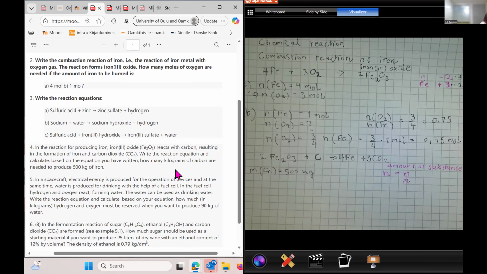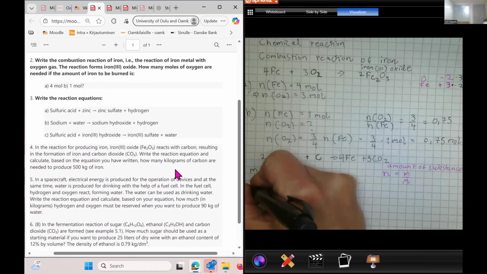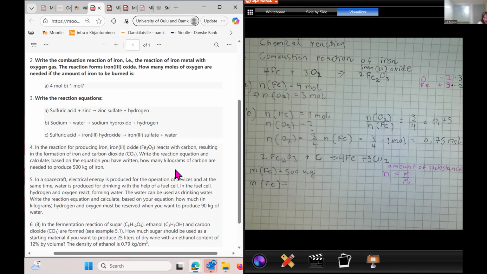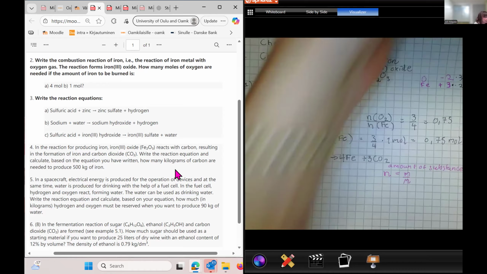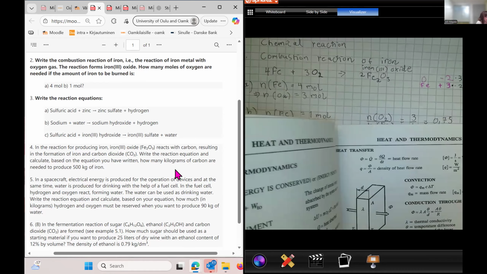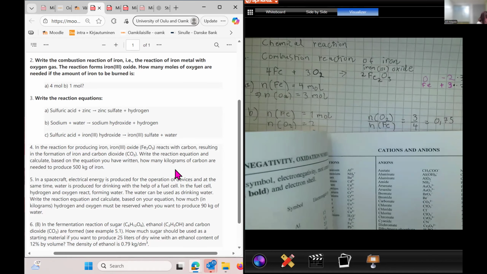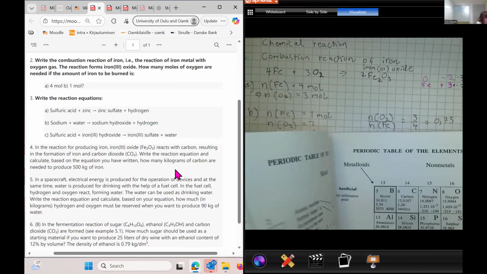So now I need to know the molar mass for the iron, which I can find from the technical formulas. The technical formulas chemistry was in the end pages.